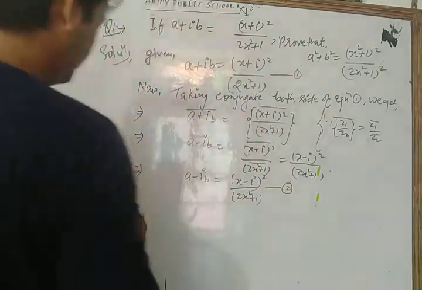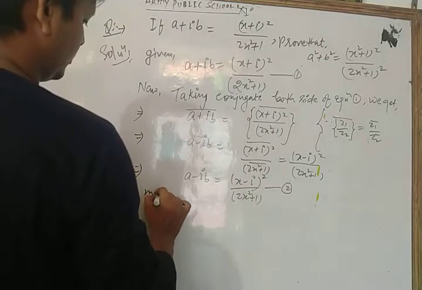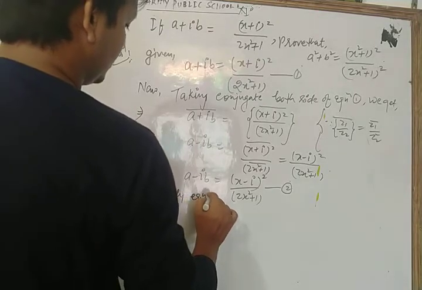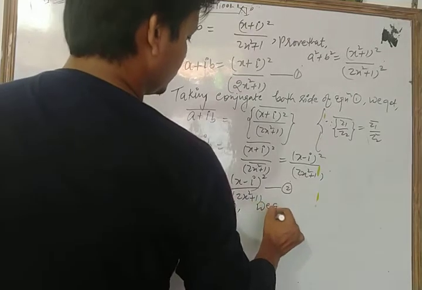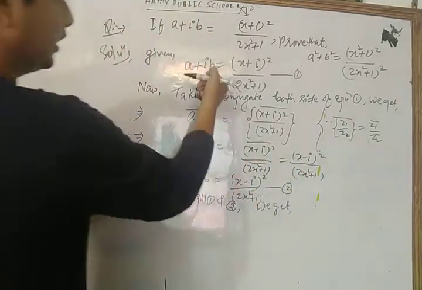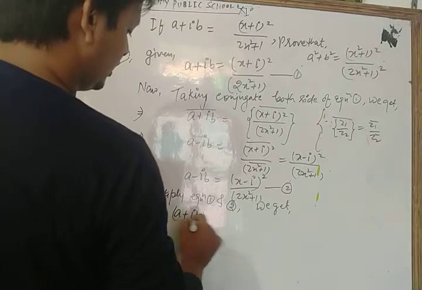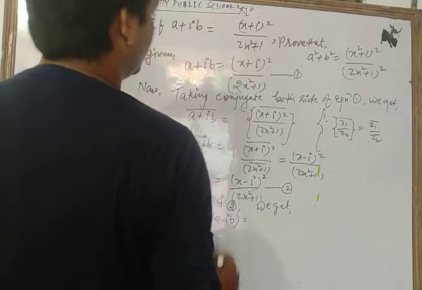Let's see. Multiplying equation 1 and 2, we get (a + ib) into (a - ib) is equal to what?